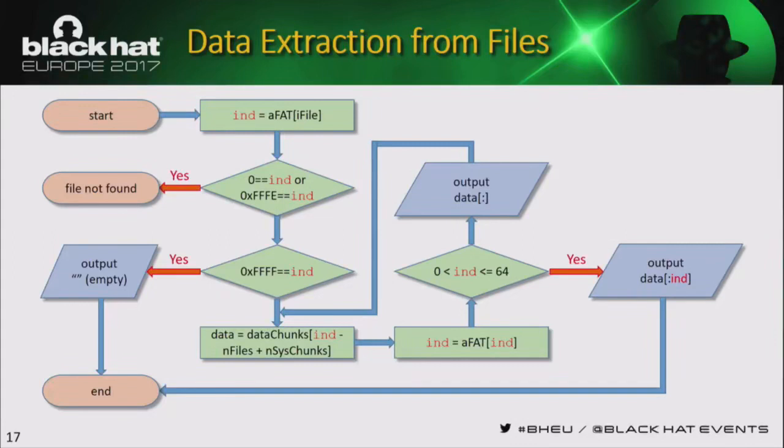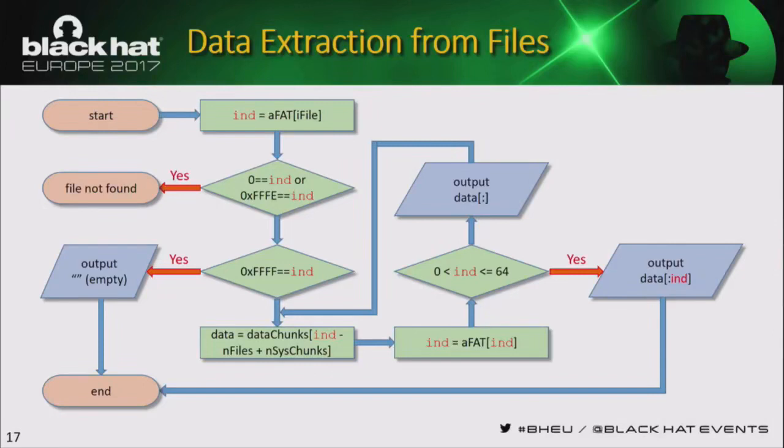If it has some predefined value, 0 or -2 in the 16-bit signed version, this means that the file doesn't exist. I believe 0 is for a file that is not stored or erased, and -2 is vice versa, but I don't know. Both of them work in the same way.